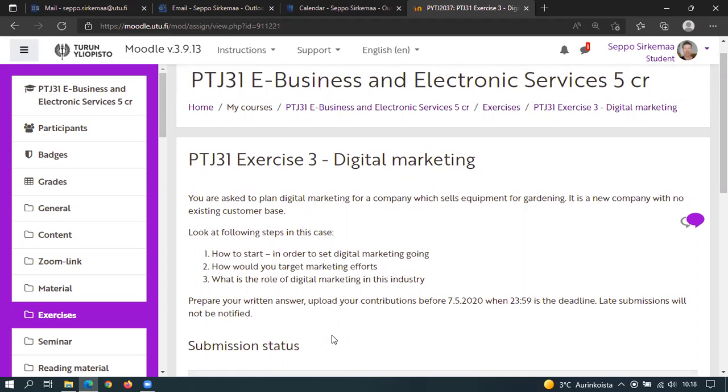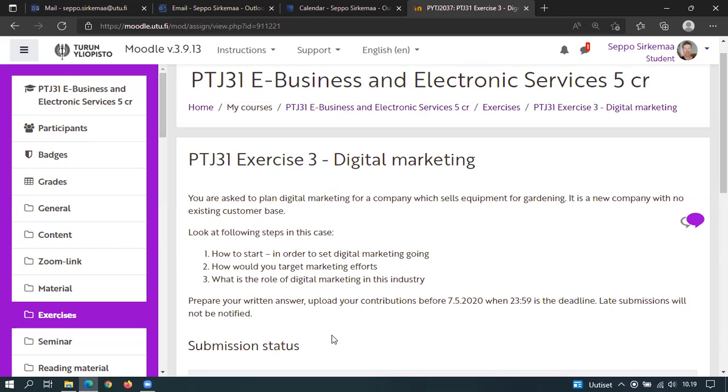You are asked to plan digital marketing for a company which sells equipment for gardening. So we are in springtime and it's a good idea to look at your garden if you have one. So it's about equipment for gardening type of purposes. This is a new company with no existing customer base. And you are supposed to look at the following steps in this case: how to start in order to set digital marketing going, and how would you target marketing efforts. And lastly, the third point is, what is the role of digital marketing in this industry?